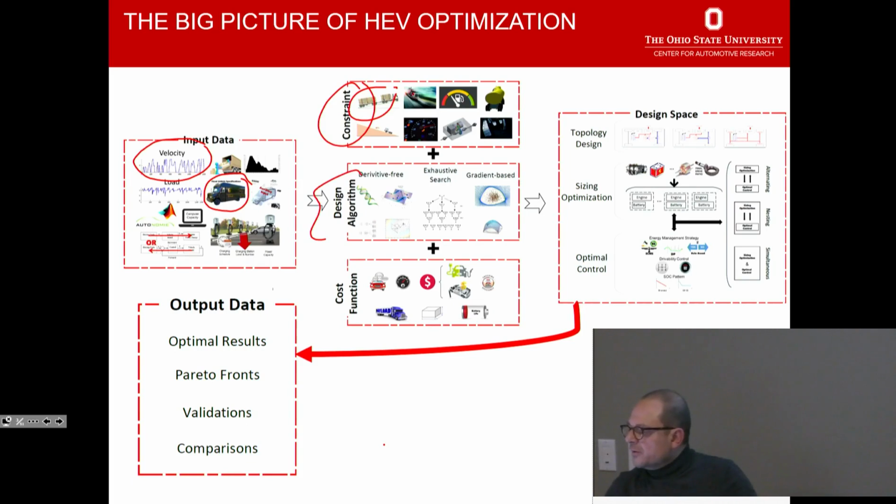Then you're going to say, okay, I'm going to do some kind of an optimization of this and compare different types of architectures, which is exactly what I'm going to talk to you about today. And so the question is, how are you going to optimize this?